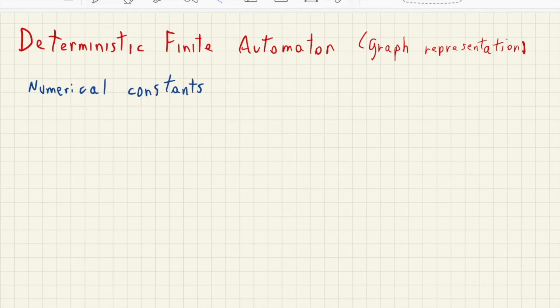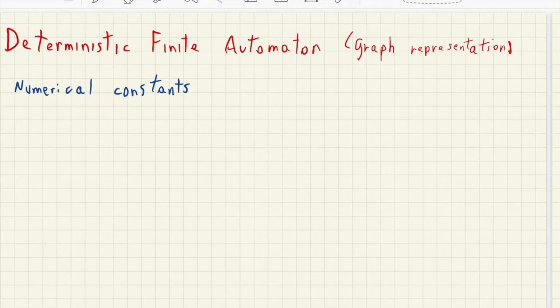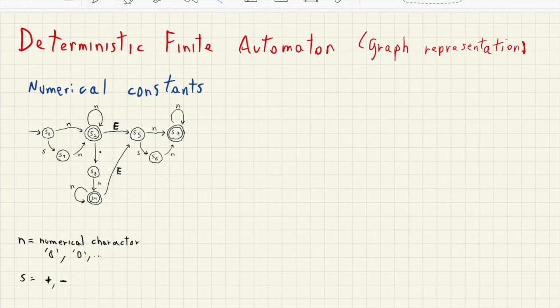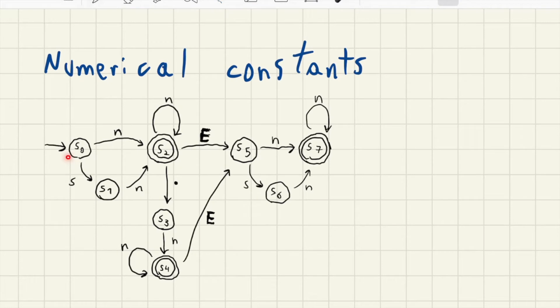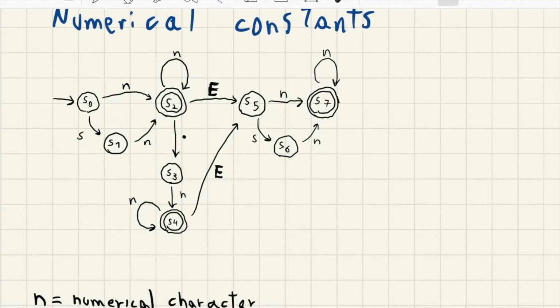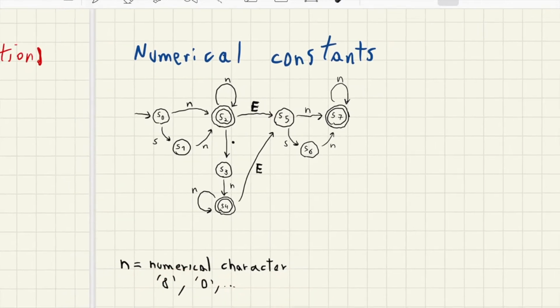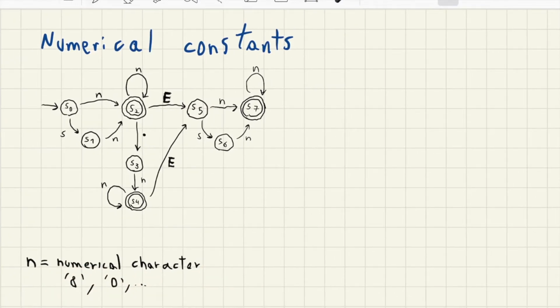Now that we know what we expected our automaton to answer, we need to represent it, and I chose a graph representation. So for example, just for numerical constants, my automaton would be something like that. Here we have an initial state, N represents a numerical character, so it can be any numerical character, and S means the plus or minus symbol.